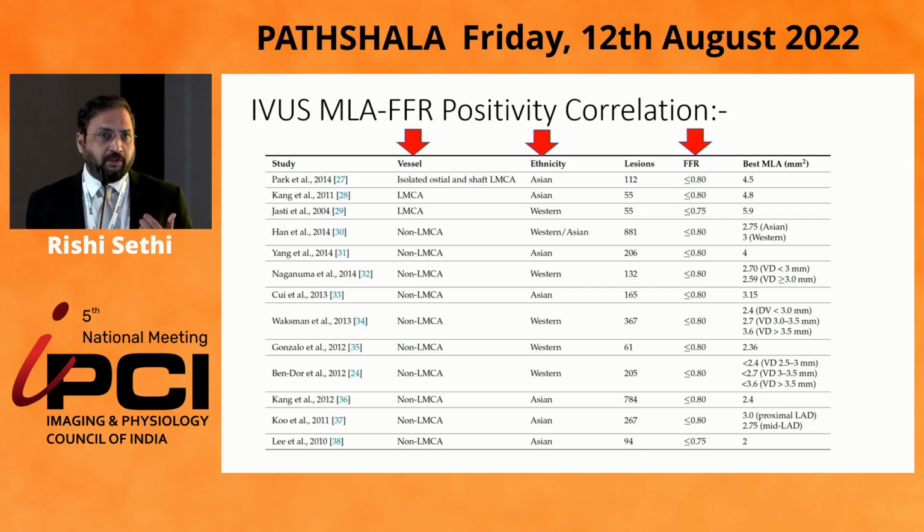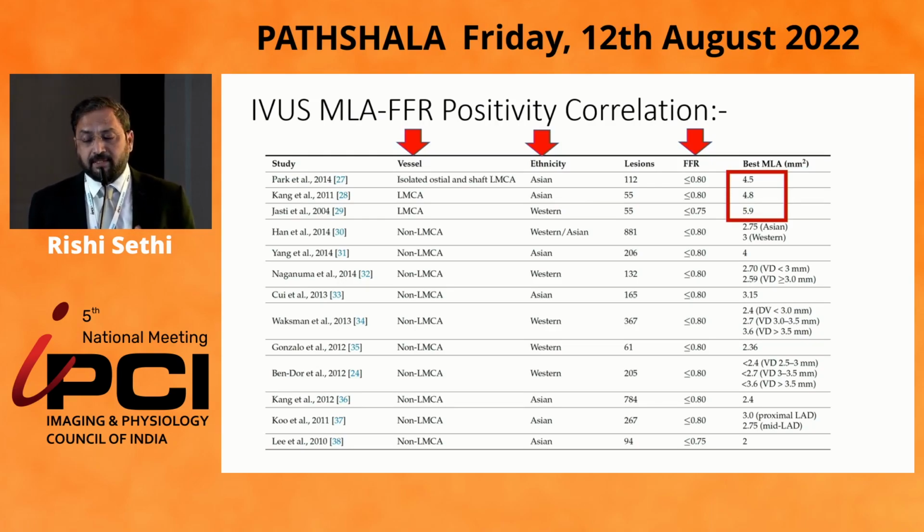They will depend upon the ethnicity. Asians' cutoffs are different from Western cutoffs. And of course, they will also depend upon what FFR value we are trying to correlate with those MLA values, whether it's 0.80 or 0.75. But overall, given the summation of all the data for left main disease, that mean MLA cutoff comes out to be somewhere between 4.5 and 6 millimeters square.